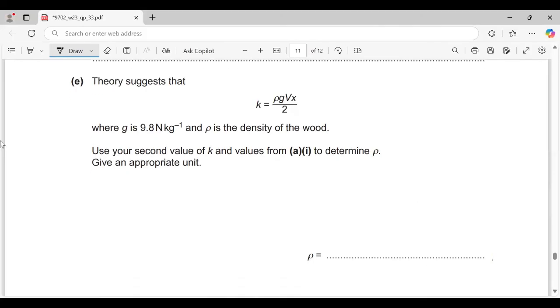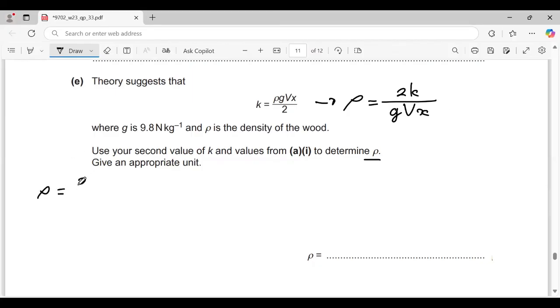So if rho is the subject, we can rearrange this formula: rho equals K over g V x.